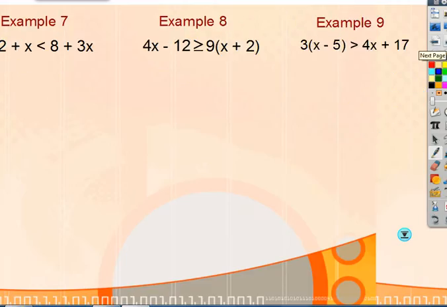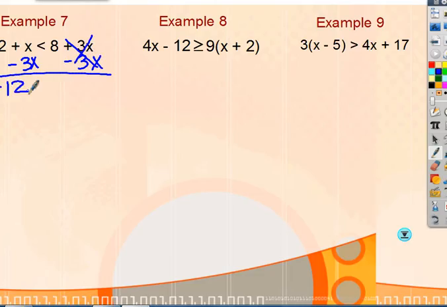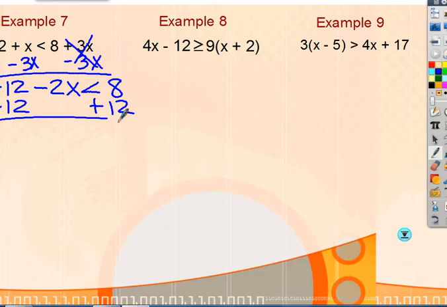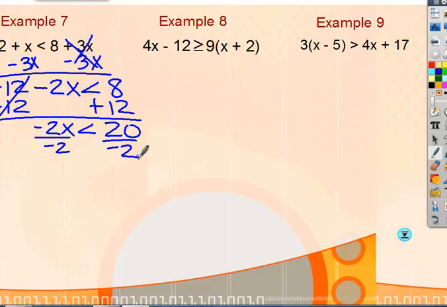Notice in example number 7, you have variables on both sides. Solve it like an equation with variables on both sides. In the final step, I will have to divide by a -2. Remember, when you divide by a -2, or any negative, you must flip your inequality symbol.